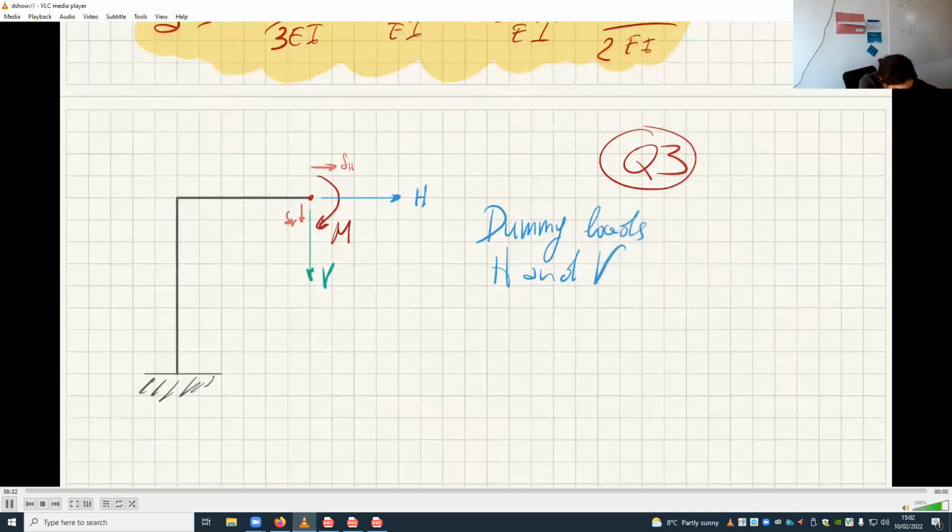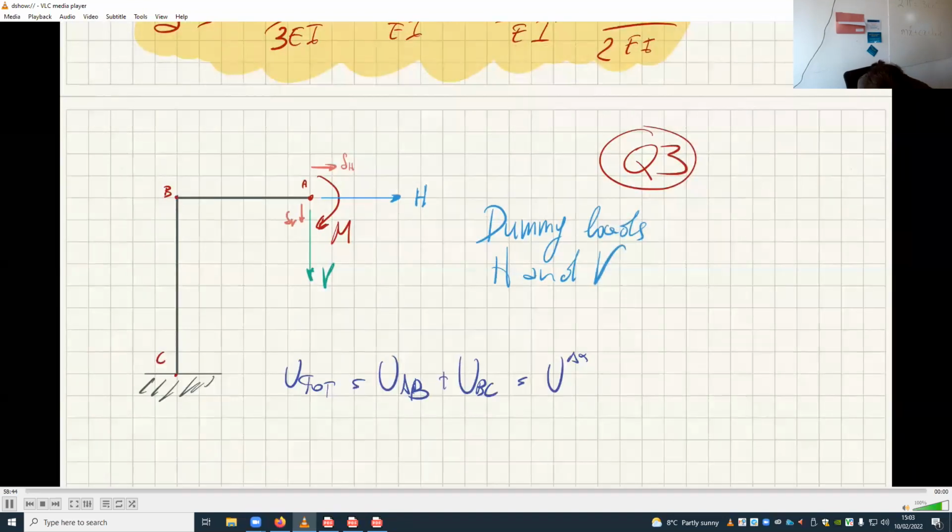And then it's just a matter of, again, study this in segments. This is point A, this is point B, this is point C. So the total energy, U total, is UAB plus UBC, which is equal to U axial AB plus U bending AB plus U axial BC plus U bending BC.